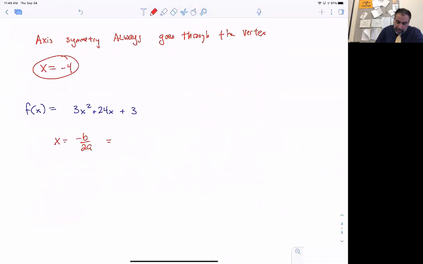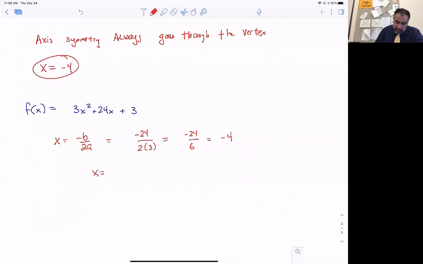So in this example, the b value is 24, so it'd be negative 24 over 2 times the a value of 3. And now from here, we're going to work this out, and we're going to get negative 24 over 6, and that simplifies to our negative 4. So that's also a really quick way to find your axis of symmetry.